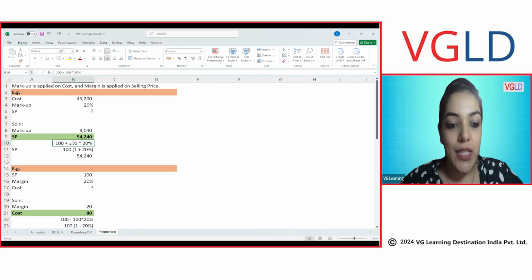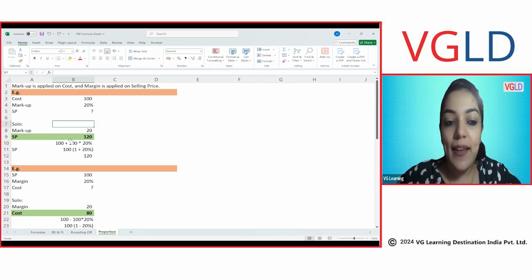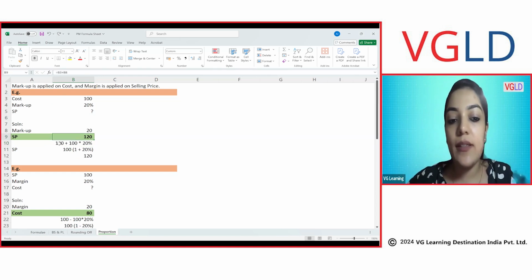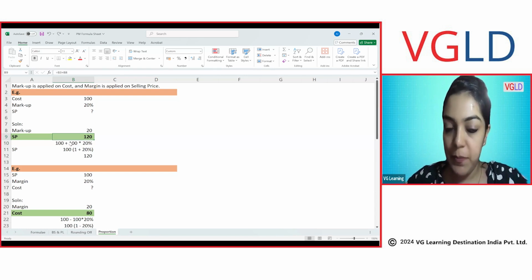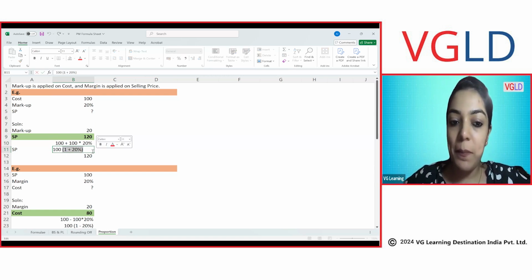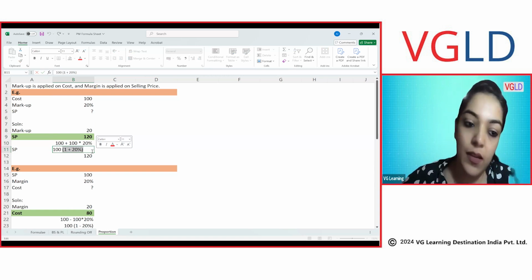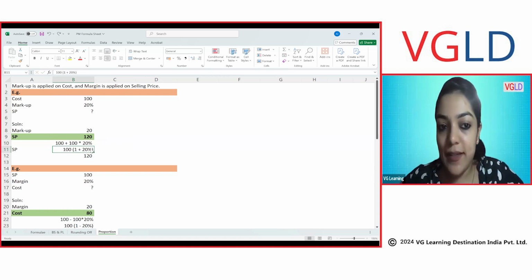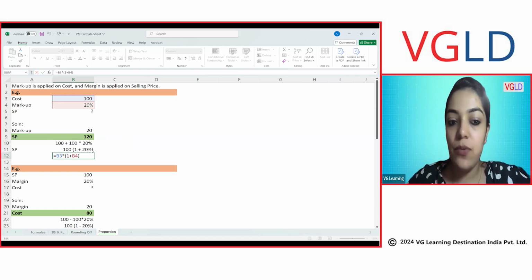So Control Z, Control Z. In essence, what I am doing is 100 plus 100 into 20%. I put 100 outside the bracket, and can I write it like this? 1 plus 20%. So in short, can I say it is 100 into 1.2 or 1 plus 20%? What am I doing here? 100 into 1 plus 20%.